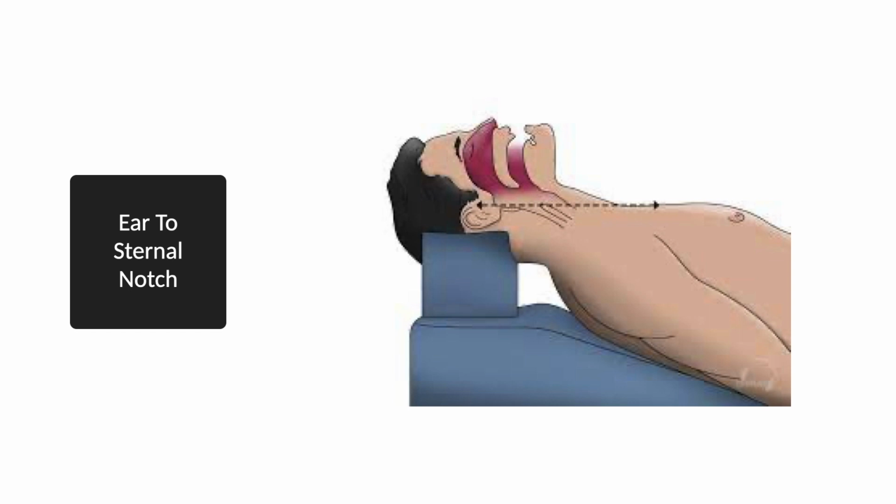If you take the meatus, the hole of the ear right there, and just draw a straight line to the middle of the chest where the sternum is, so the ear to sternal notch. If you can make that a flat plane parallel to the ceiling, what that's going to naturally do is force that tongue off of the back of the throat and optimally position that airway so that maximal air entry can come in.